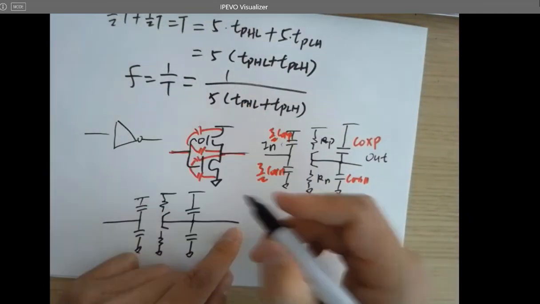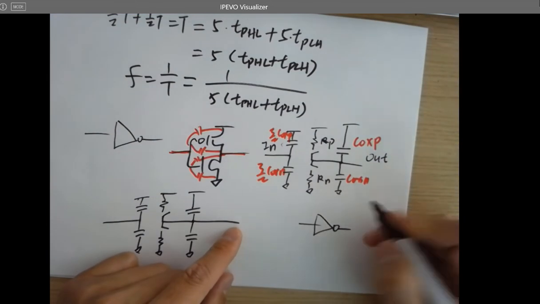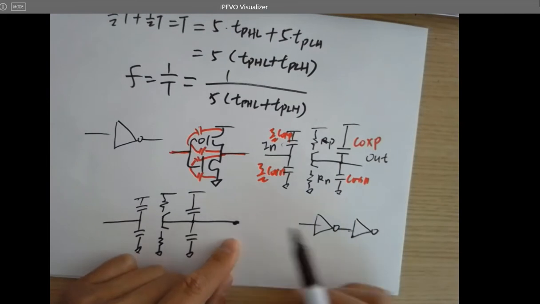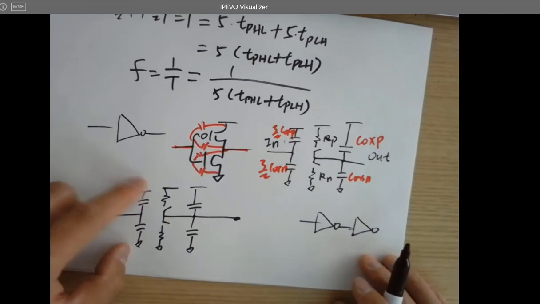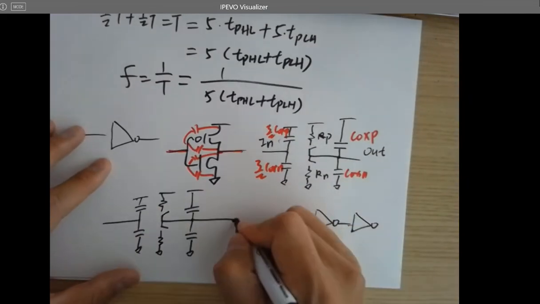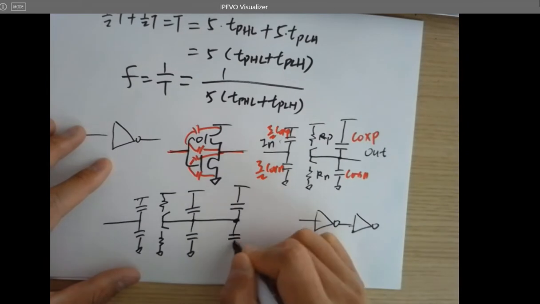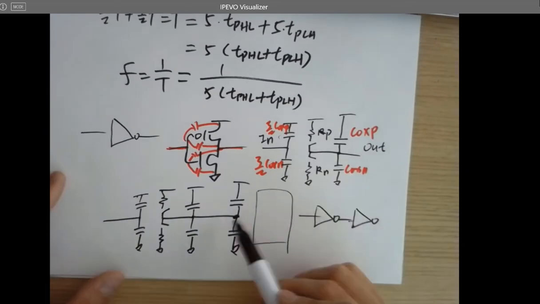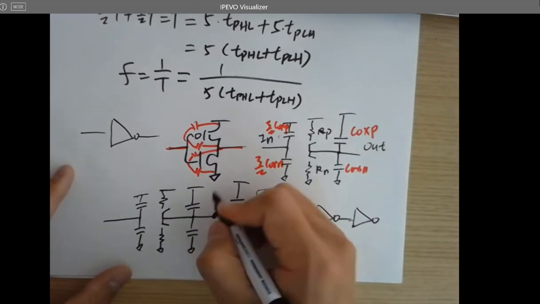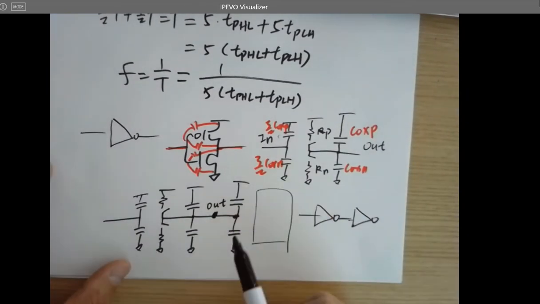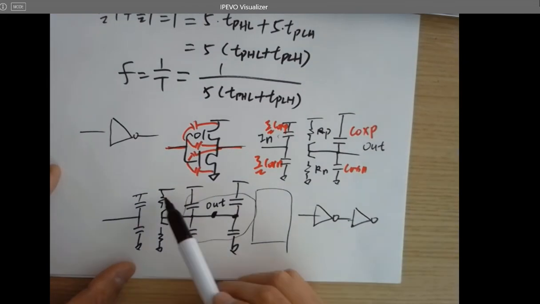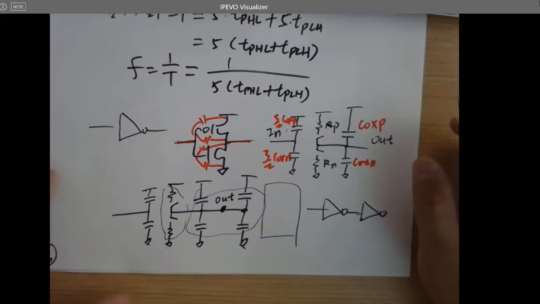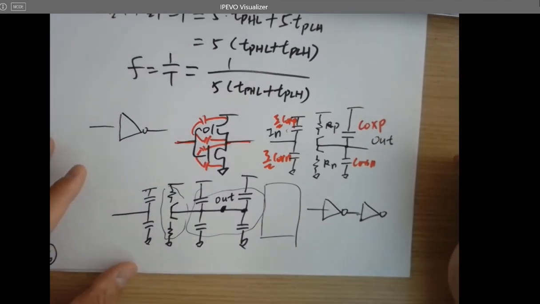If you got an inverter following another inverter, the output here should be shorted to the input of the next stage, something like this. So you're getting another cap, because everything behind it is disconnected from the gate, so you don't have to draw it. When you are analyzing the time delay at this output pin, you have to consider these 4 caps and these 2 resistors. Those are all the components that affect the time delay, R and C's. Is that making sense?